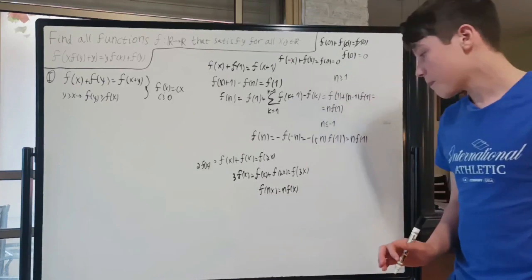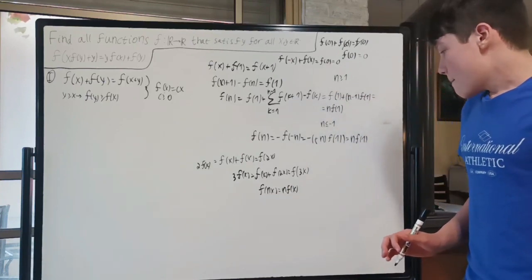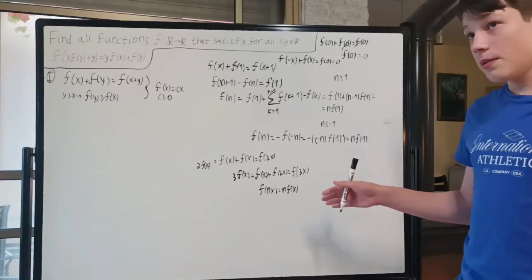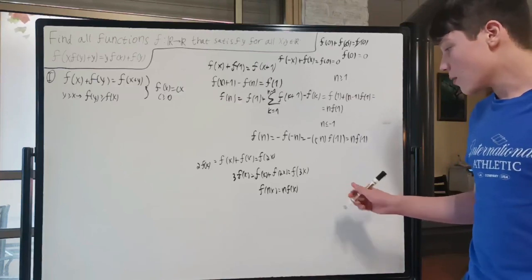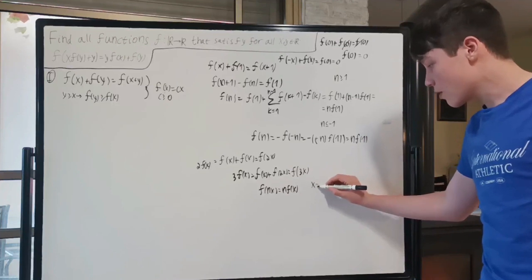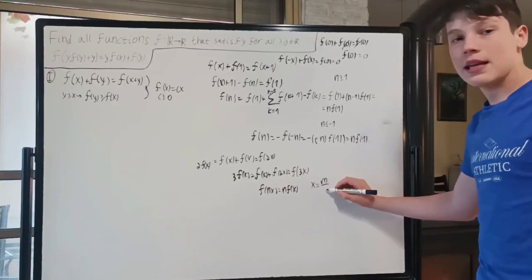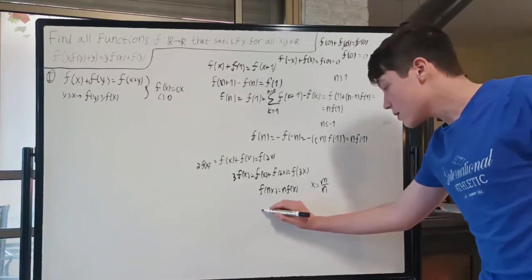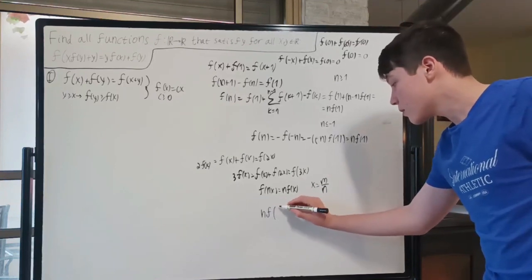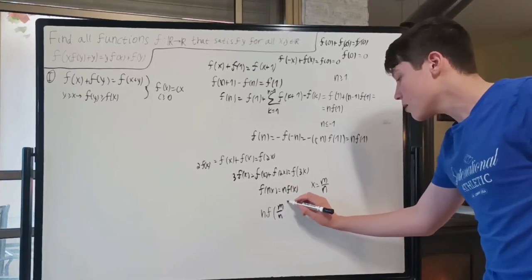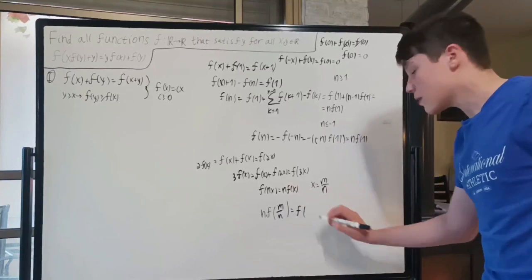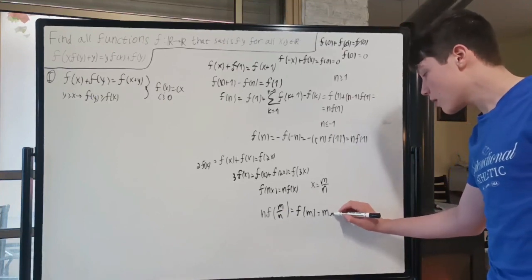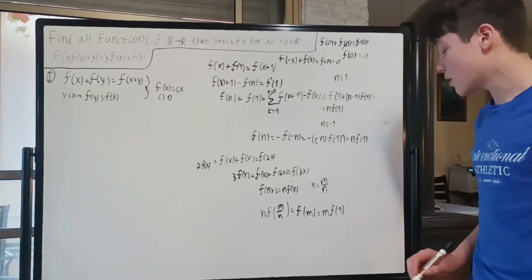So this is true for any positive integer n. Now, if I substitute x as a rational number with denominator n, I get nf(m/n) is equal to f(m/n times n), which is f(m). We know this is m times f(1).